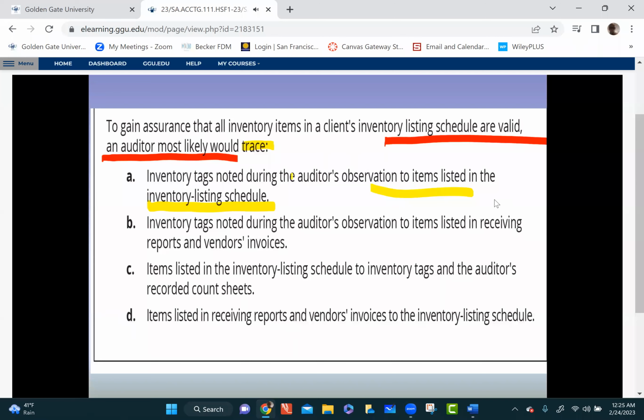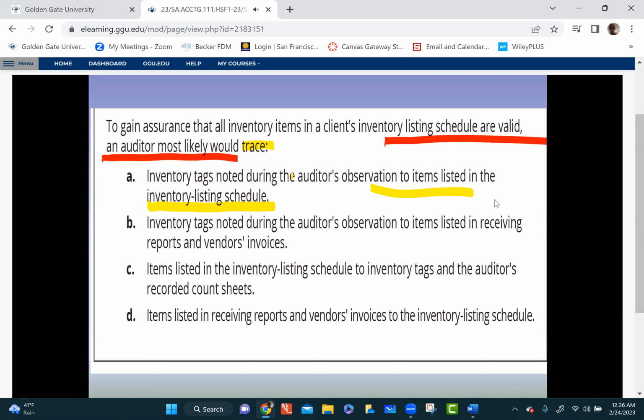Items listed in the inventory listing to inventory tags and the auditor's recorded test count, that's the best evidence. Now I'm going from that inventory listing and looking at the thing and I test counted that. So it's the auditor's direct personal knowledge that is the best audit evidence here, right? And it helps us with the completeness assertion.